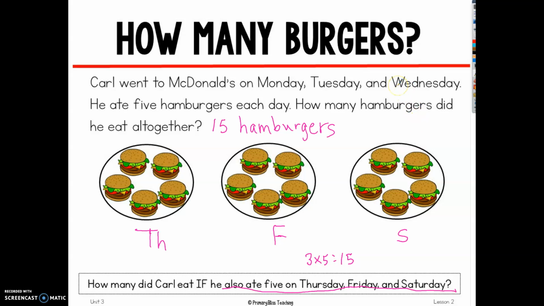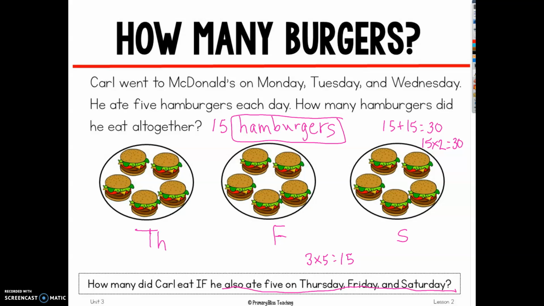So our number model for how many he would have eaten altogether the entire week would be 15 plus 15 equals 30, or I could go 15 times 2 equals 30, and of course we're going to be using the same unit. It will be hamburgers.